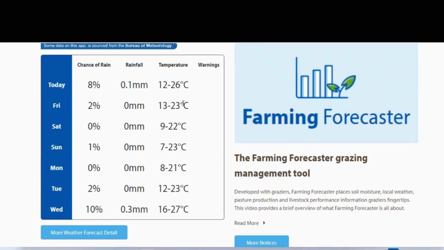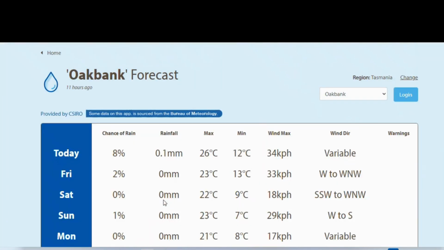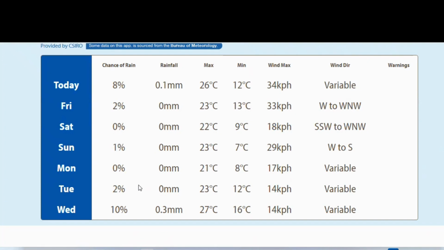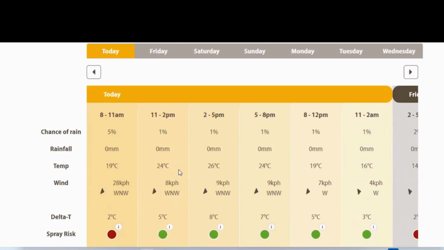If we go down the bottom, there's a whole lot of weather data down in the bottom left-hand corner. And again, there's more weather data forecast. This ends up giving you weekly data, potential rainfall, max winds, wind speeds, etc. And then you can, in fact, get it on a 3-hourly basis.